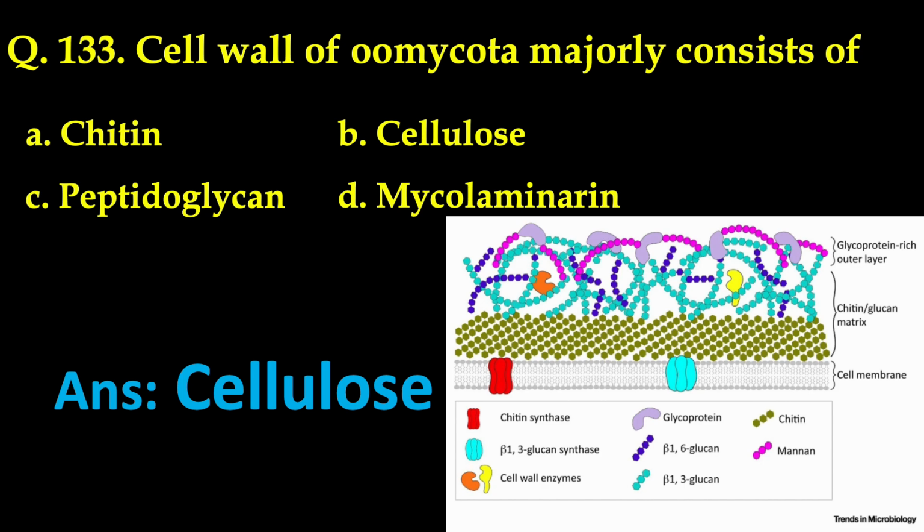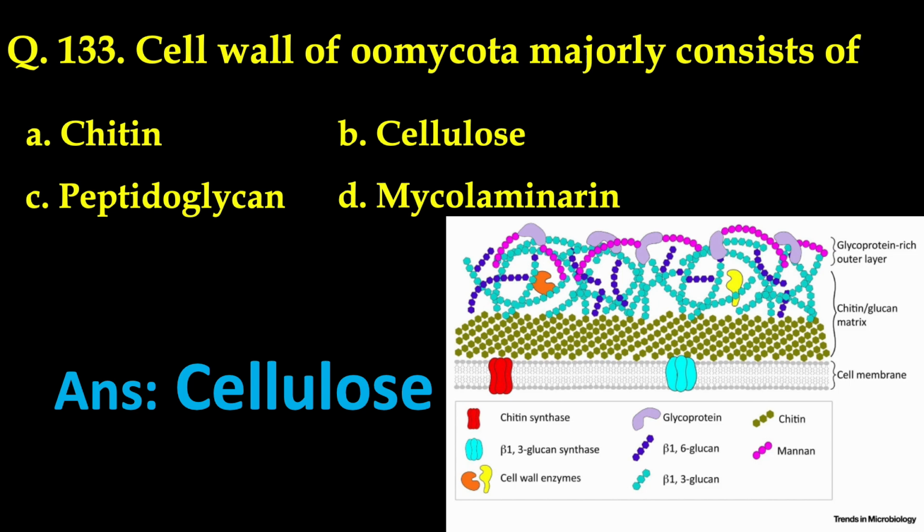In most of the cases, the fungal cell wall is made up of chitin, glucan, and glycoprotein. And chitin is an important structural element of fungal cell wall, which is present in the form of an acetyl glucosamine polymer of chitin.